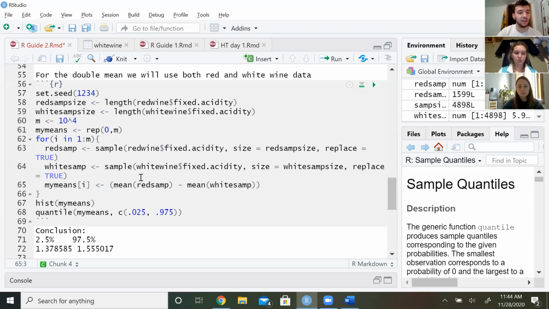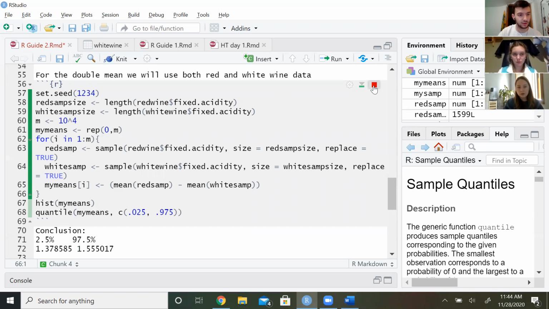Then going into my means, which is a vector that's getting populated, we'll take the mean of red samp minus the mean of white samp, giving us the mean difference in acidity for those two newly populated vectors. And just in case anyone's curious, we don't really care if they're the same size because we're taking the mean first. So that's why we don't need to worry about if they have the same sample size.